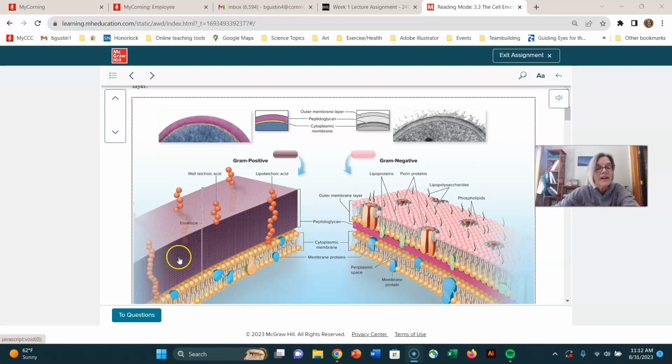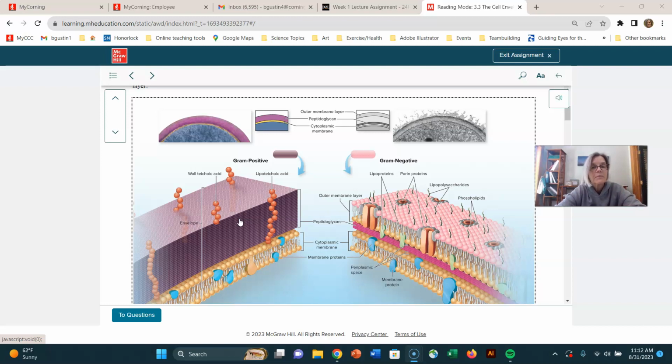But now here we are in our gram-positive cell that has this thick layer of peptidoglycan. Peptidoglycan is this protein and carbohydrate mixture of molecules, and it's pretty sturdy. And it's only found in bacteria. It's a unique compound. You notice that it's got some other things here, but for our purposes, those aren't critical to your understanding of gram-positive and gram-negative.